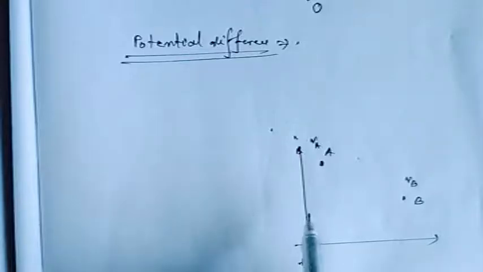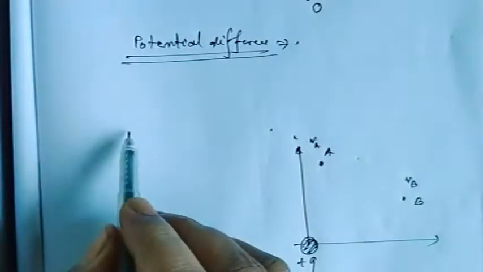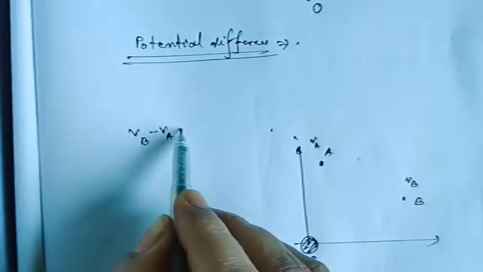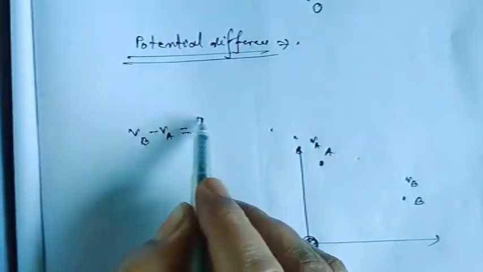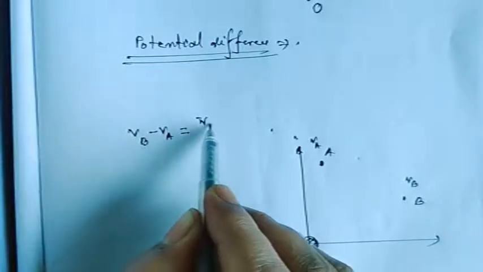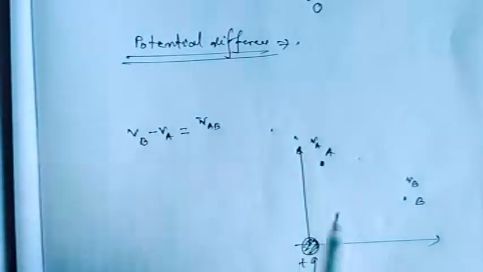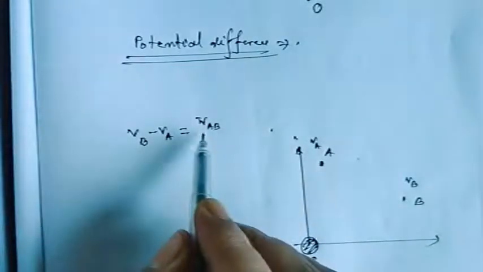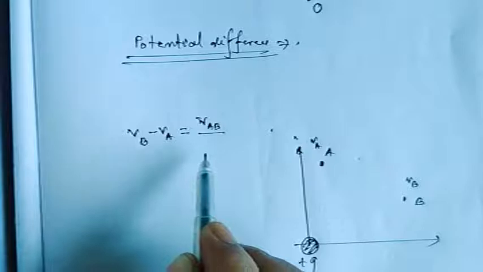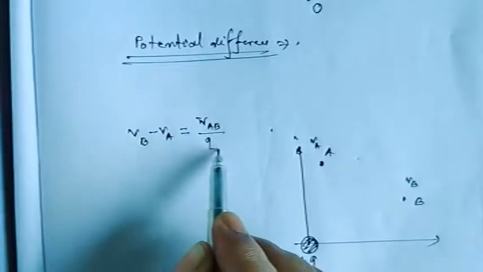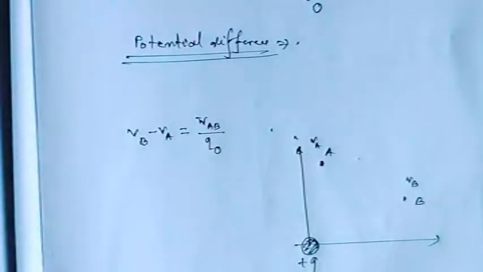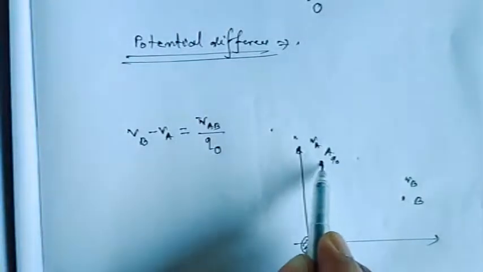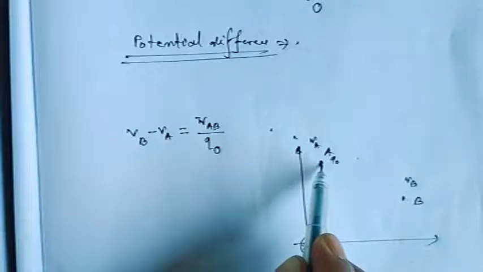Then according to the definition, the potential difference VB minus VA is equal to the work done to bring a unit positive charge from point A to point B, per unit positive test charge Q naught.